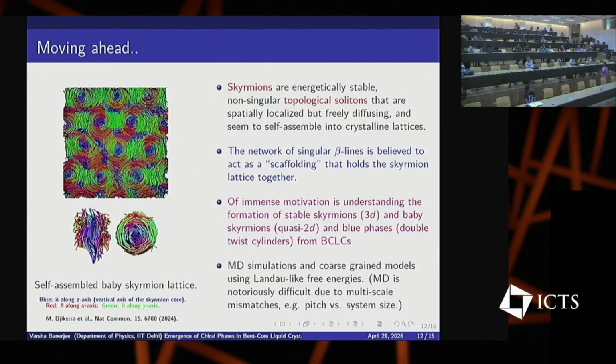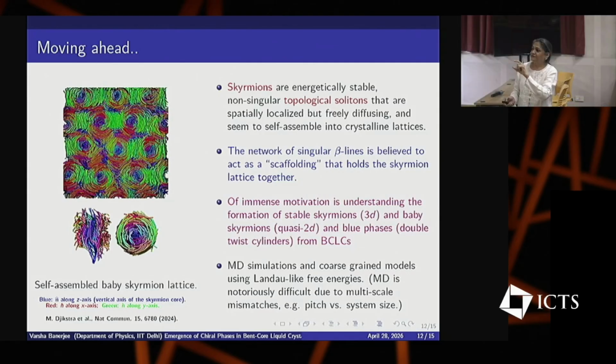That's why you call it a skyrmion. These can be formed if you have thin slabs of bent core molecules. It's also unusual that they form lattices. There are a lot of experiments and a lot of knot theory which is being put into this, and that's something that we are now getting into.